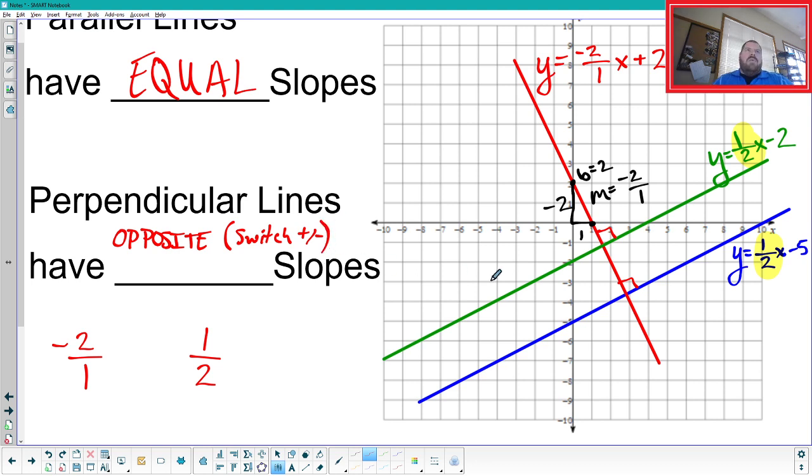But it's not enough to say that perpendicular lines have opposite slopes. Because the opposite of, let's say, this 1/2 would just be negative 1/2. So it's not enough to just say it's opposite. Because this slope is not negative 1/2, it's negative 2/1. So it's the opposite and it's flipped over. We call that the reciprocal.